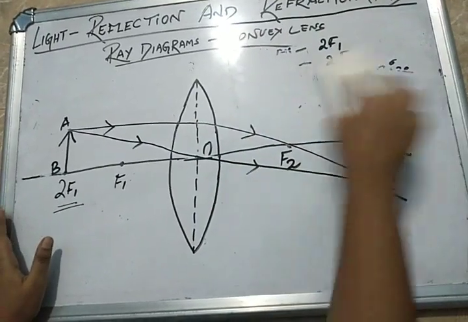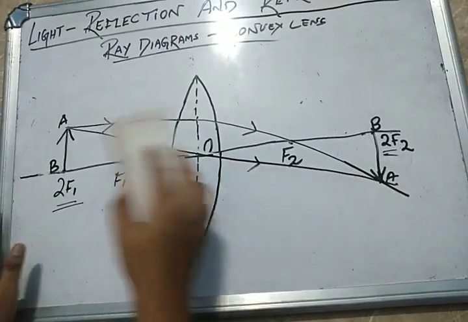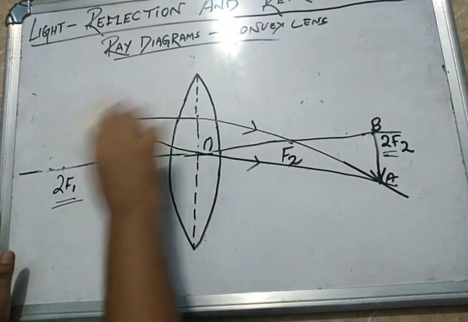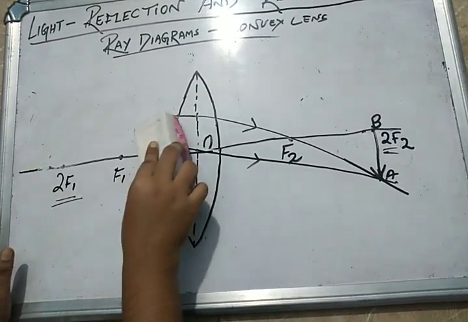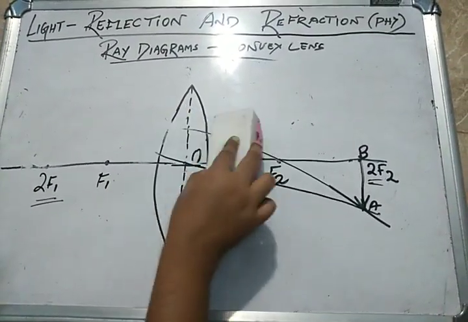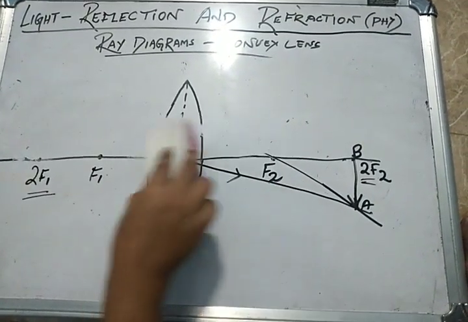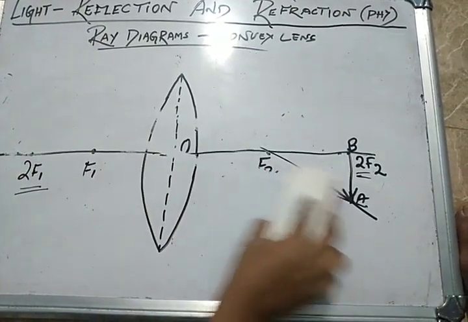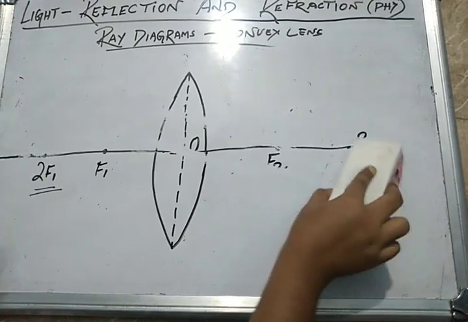Alright, now we go on to the fourth ray diagram. Now we'll be bringing the object closer again to the convex lens. We'll be bringing it between 2F1 and F1. Our object position will be between 2F1 and F1.